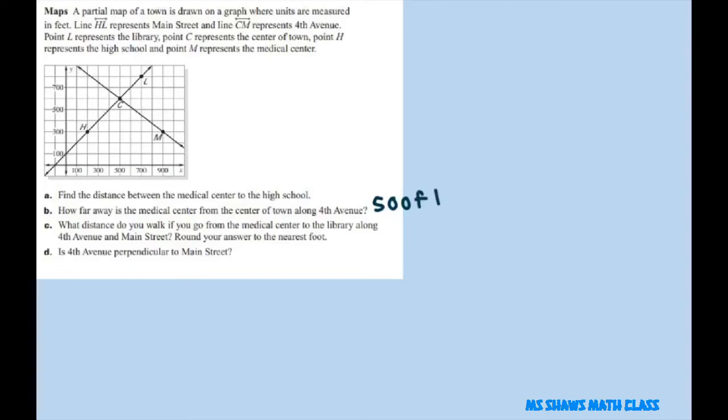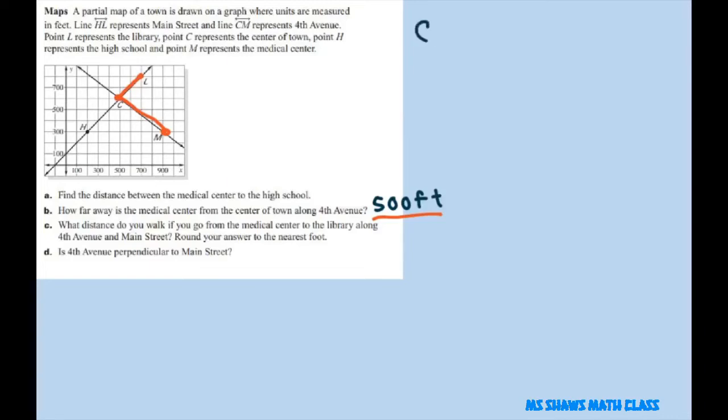Now what they want you to do is find, as we go along, the distance from the medical center to the library, but along this path. So they want us to go from here to the center, then to the library. So we already have the first distance, and we have to find the distance between the center and the library.